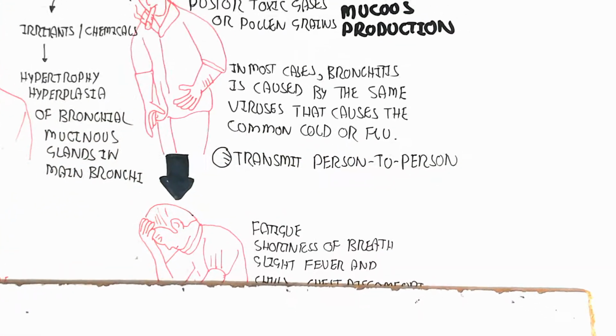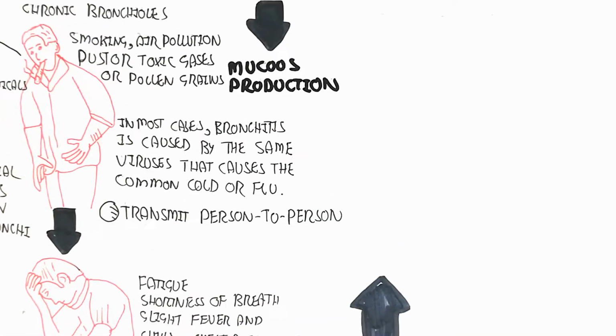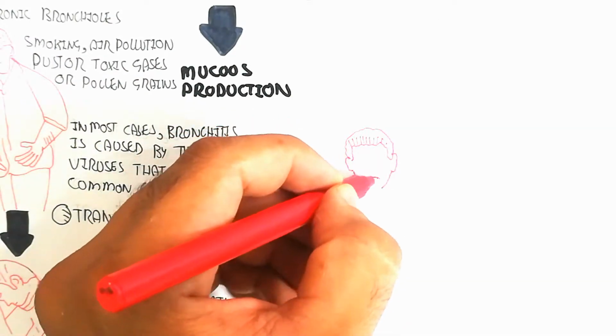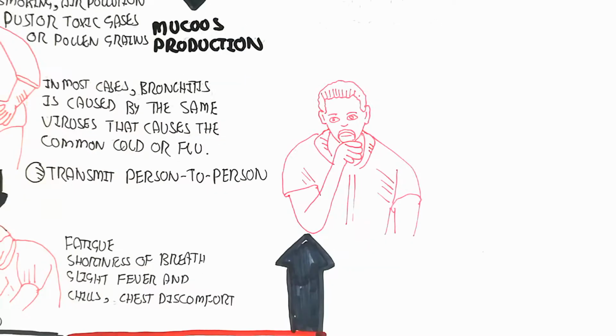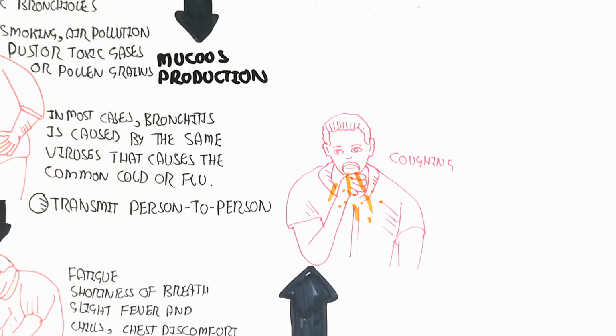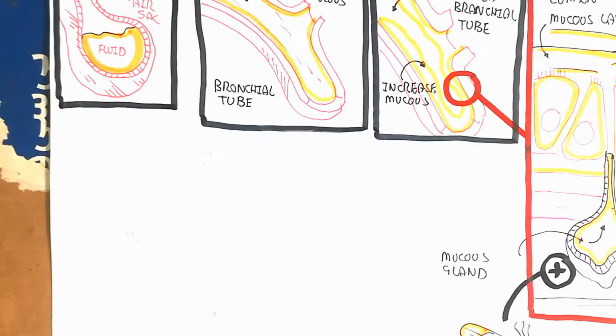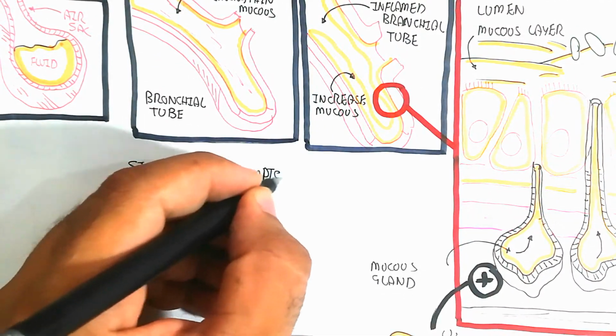So remember, when the mucus fills our bronchioles, it disturbs the breathing mechanism and leads to coughing, ejecting mucus through the mouth, due to vasoconstriction of the bronchiole from sympathetic nervous system activation.